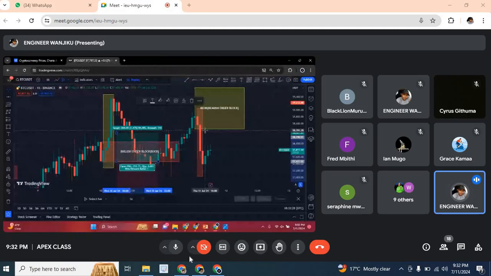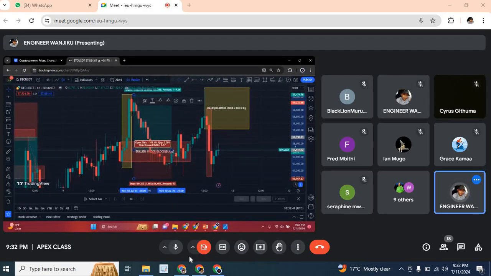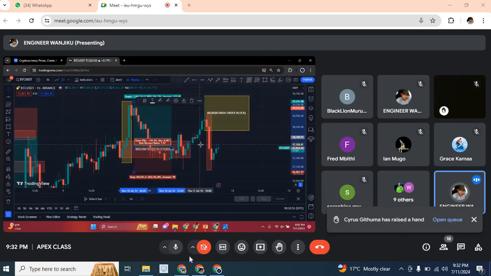Depending on what you want, you can choose. But me, not even mostly, all the time, I take 50% of that order block. So at 50%, I can have my take profit like that, so that when the market comes down to retest my bullish order block, I'll get triggered. Then after getting triggered, I can run the bullish trend into my profits.